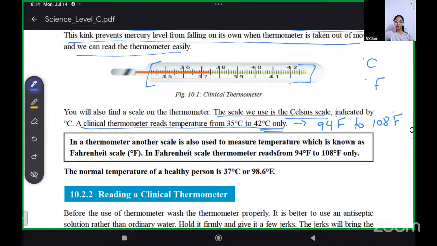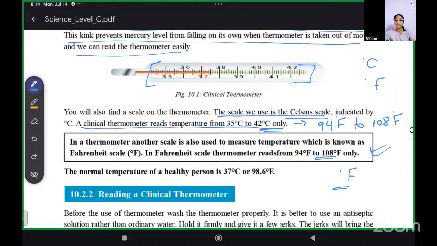If they say 104 or 108, then they are measuring in degrees Fahrenheit. Usually the temperature is written in degrees Fahrenheit. The Celsius scale is there, but usually they convert it to degrees F.